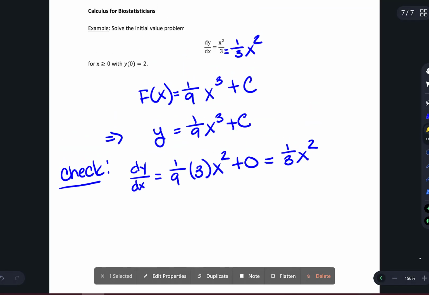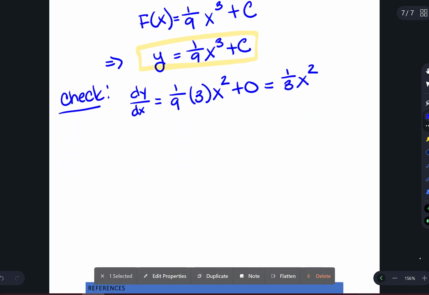Notice what we're asked to find is the solution that has y of 0 equal to 2. Right now our solution has this c in it. For initial value problems, we're essentially finding what value of c we have. So we need y at 0 to be equal to 2.